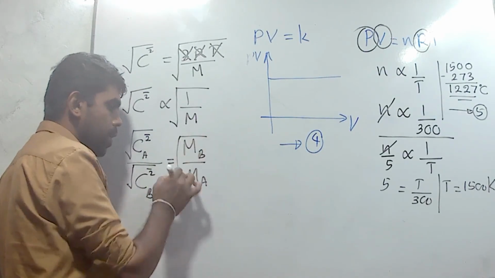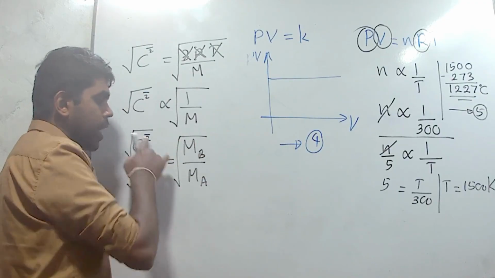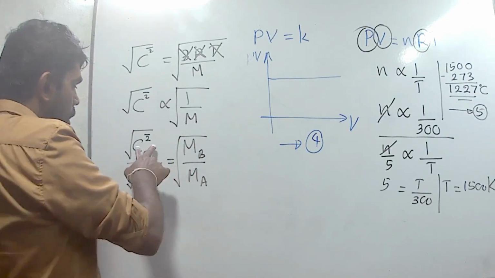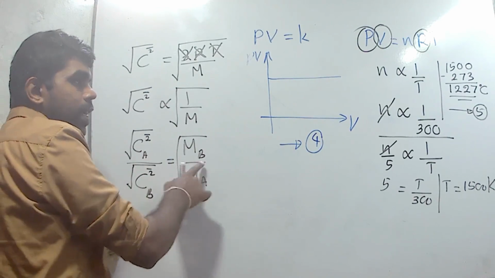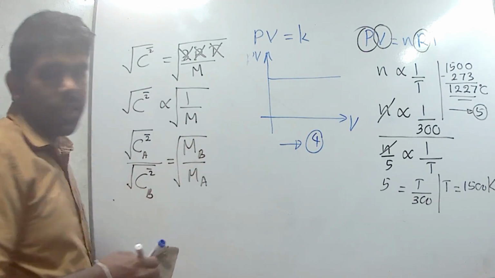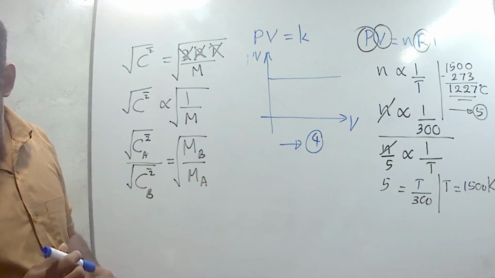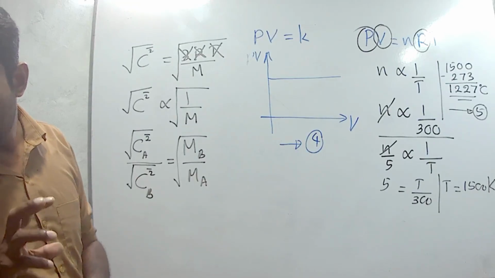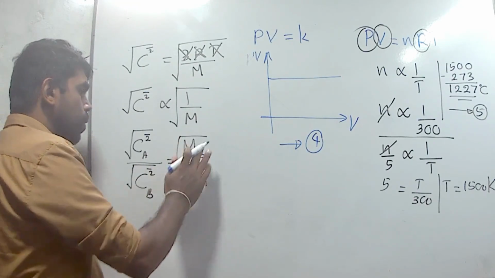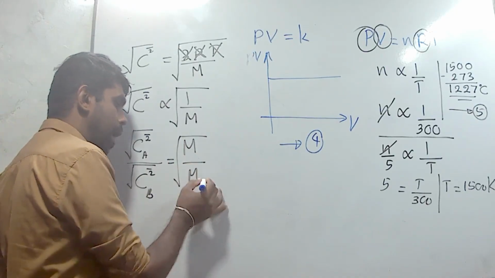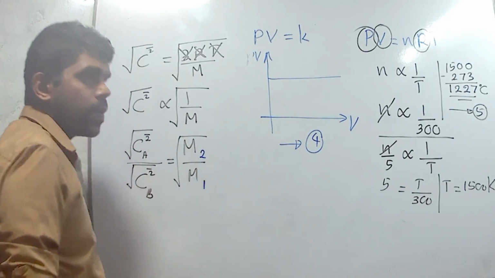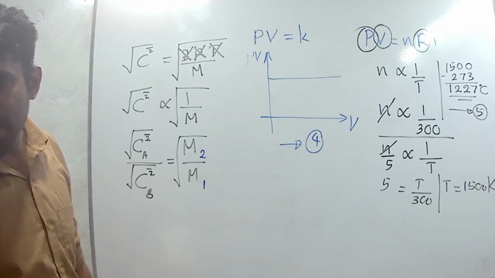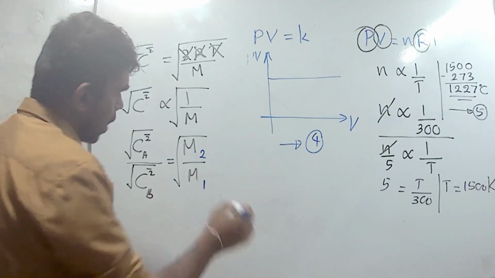We have to get an inversely proportional relationship. Therefore, we have to use MA in the denominator and MB in the numerator. They have given M1 and M2. Therefore, MA means M1, MB means M2. Square root of M2 divided by M1. Then the answer is 3.